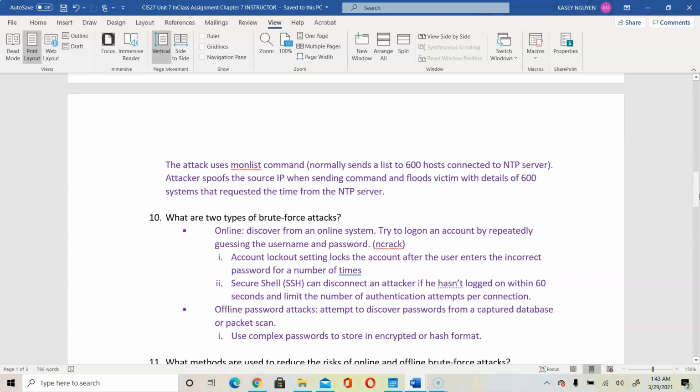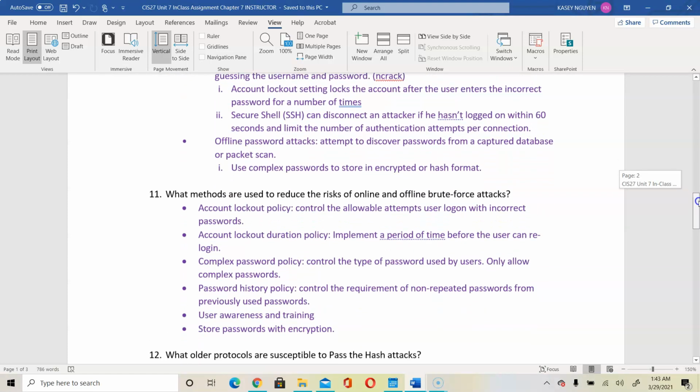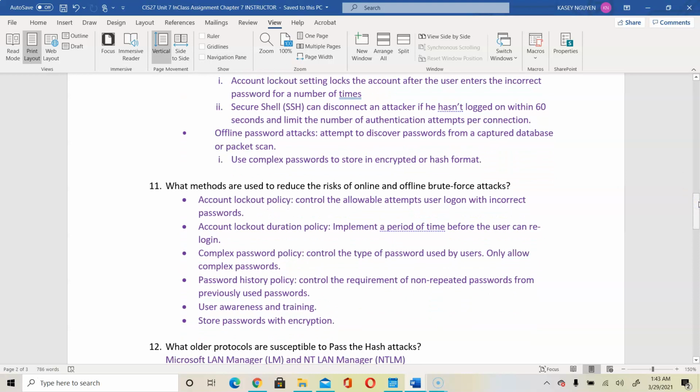For question 11, what methods are used to reduce the risk of online and offline brute force attacks? We should use an account lockout policy, where we control the allowable attempts for a user to log in incorrectly. So if they fail to log in 5 times, it will lock them out.